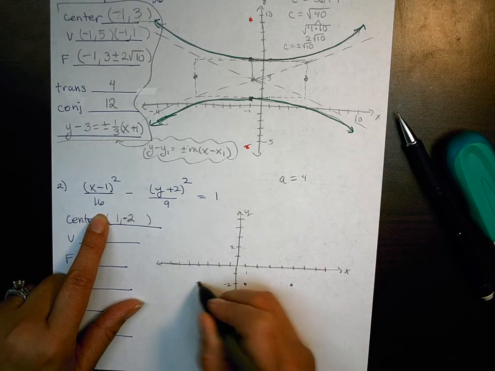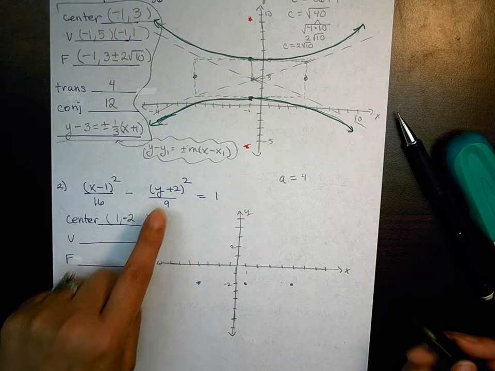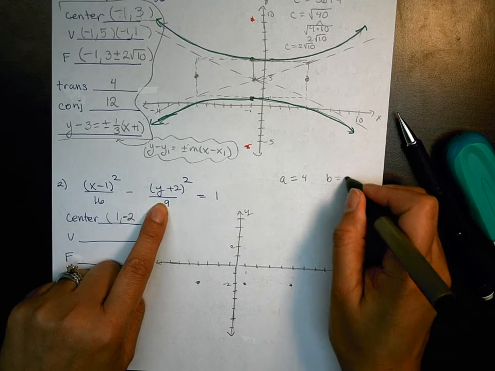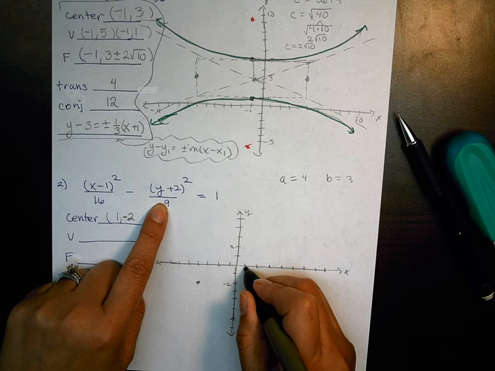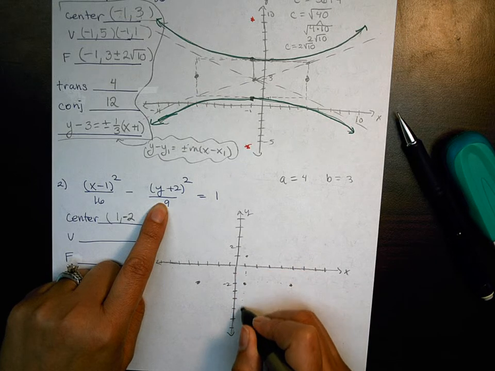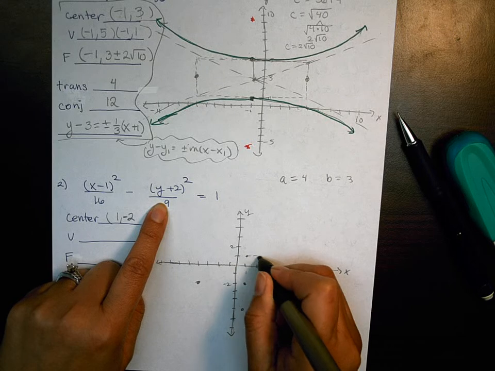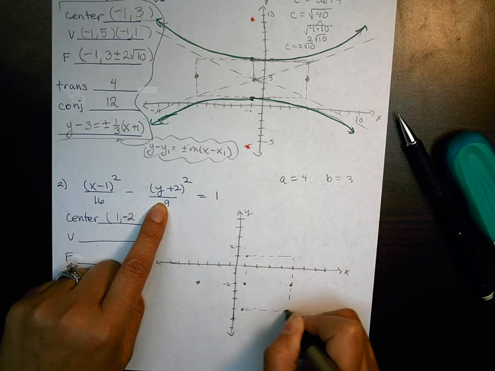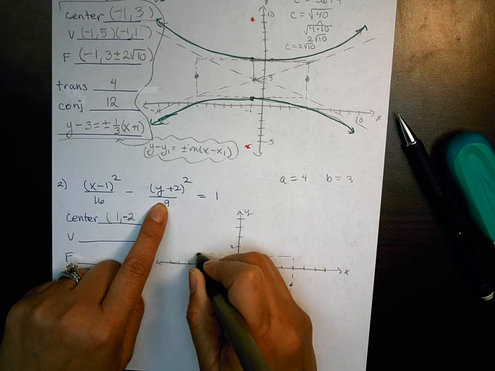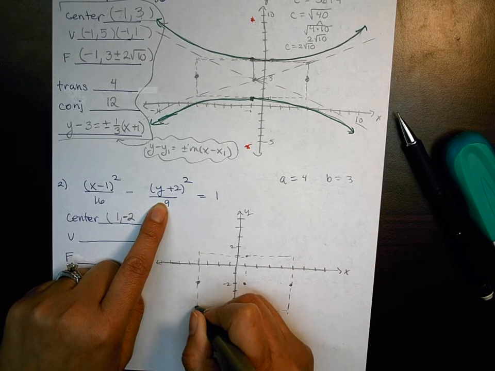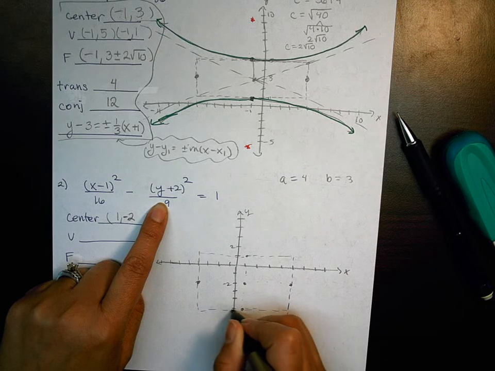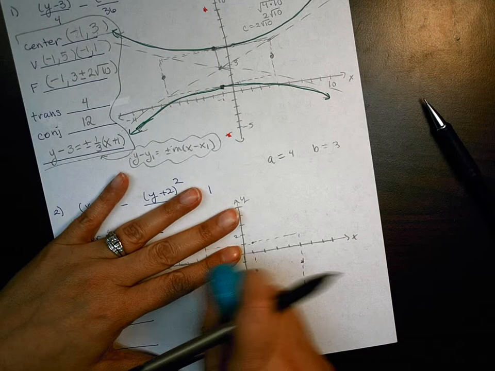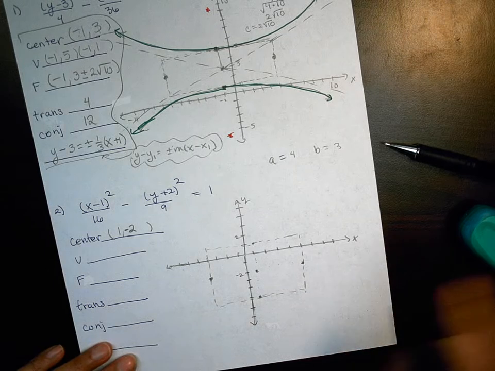And how far up and down? 3. 1, 2, 3. Dot, dot, dot, dots all the way through. Okay, and then make your diagonals that are acting as your asymptotes.